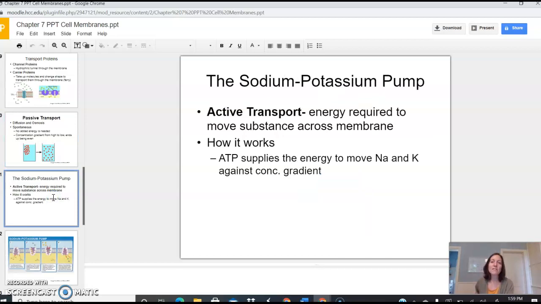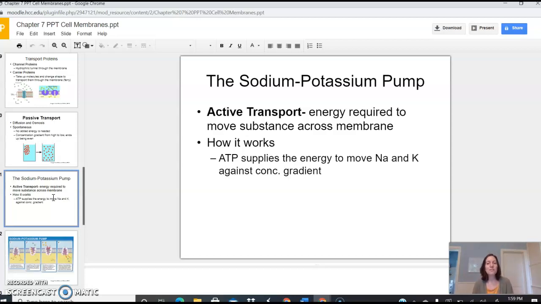The sodium-potassium pump is an example of active transport where energy is required to move a substance across the membrane. We saw the picture of the protein opening for a molecule and then changing shape and releasing it on the other side. Well, that's what's going on here, but there's a little bit more to it.